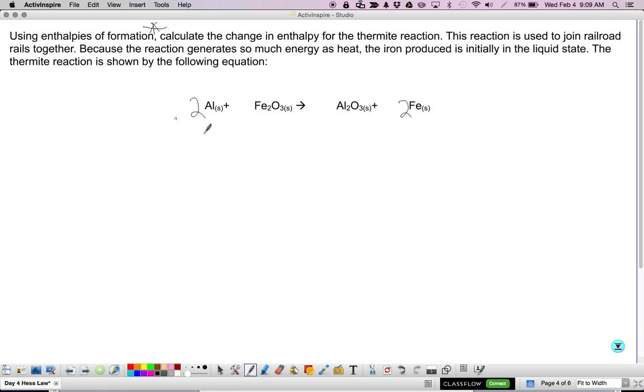This is a big clue, all right? You're trying to find the enthalpy of this reaction. And in order to do this, you know that you need to use the enthalpy of formation of Fe2O3 and Al2O3.